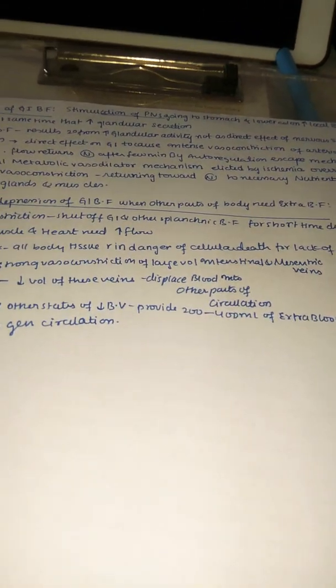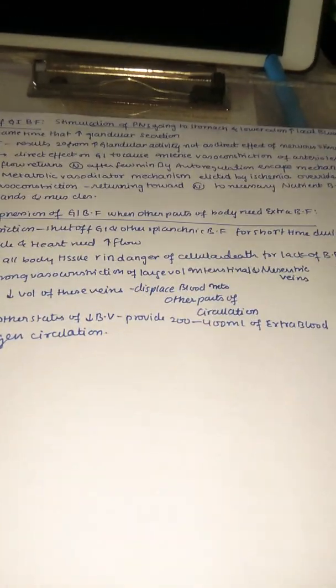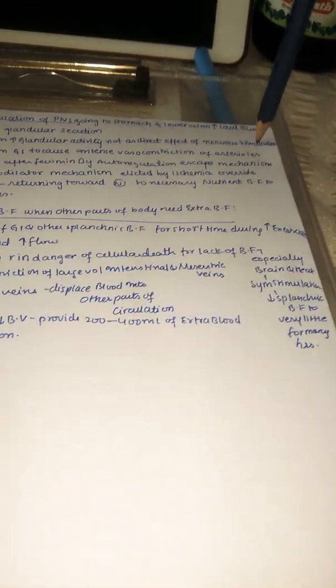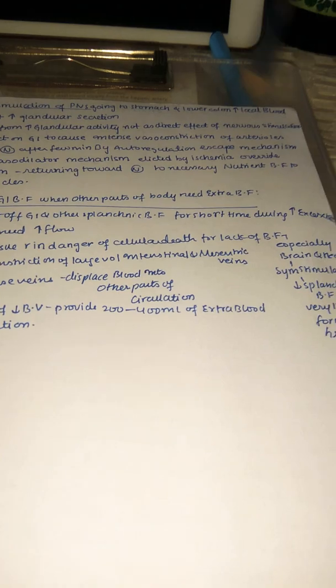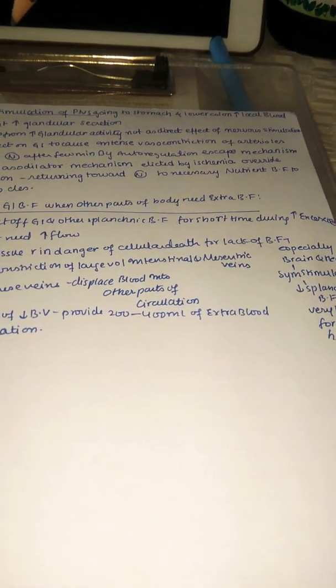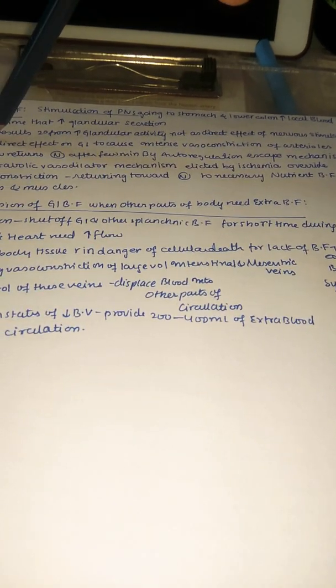Sometimes first the glandular activity may increase and later the blood flow may increase, not as a direct effect of nervous stimulation, or otherwise sometimes first only the blood flow may increase and later the glandular activity may increase.